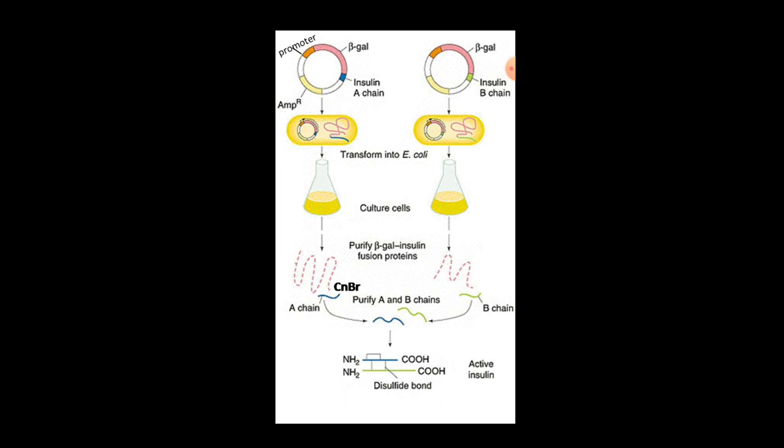We can also isolate it from the tissue, and after the isolation we can simply perform the PCR technique to amplify it, or we can use a human cDNA library to find the cDNA clones, or cDNA colonies, containing the insulin gene.